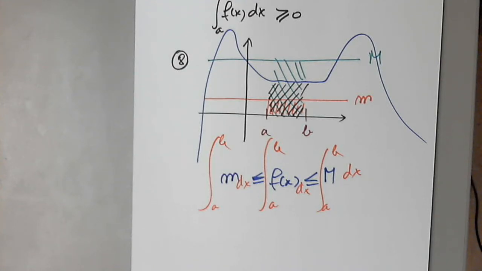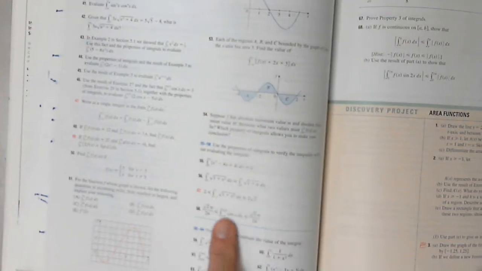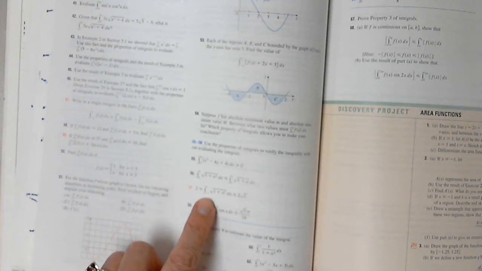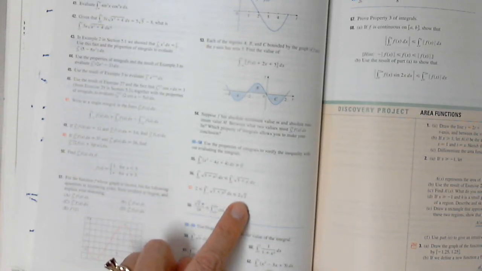Let's take a look. So we illustrate this with a problem. They are asking us the same thing, use properties, don't calculate anything. 2 less than or equal to the integral from -1 to 1 of this dx less than or equal to 2 the square root of 2.